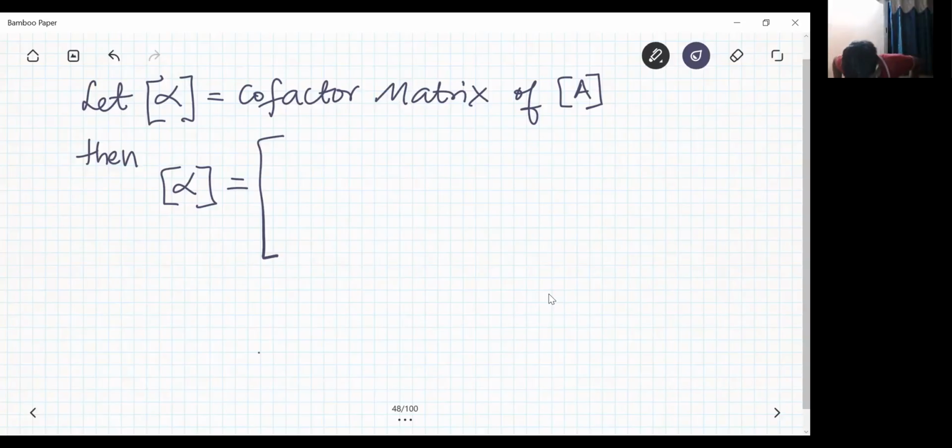Next, what do you have to write for alpha 2? See, you are not following the formula at all, you see. You have to use the formula and write.